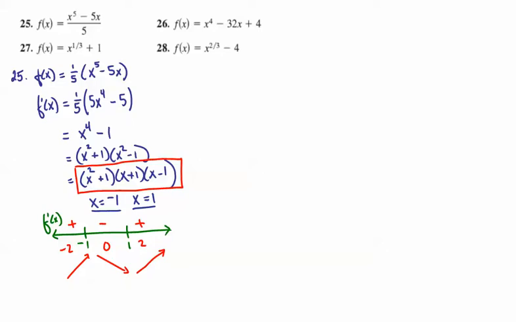So we want to record then where the function is increasing. It increases from -infinity to -1, and from 1 to infinity. It decreases from -1 to +1.